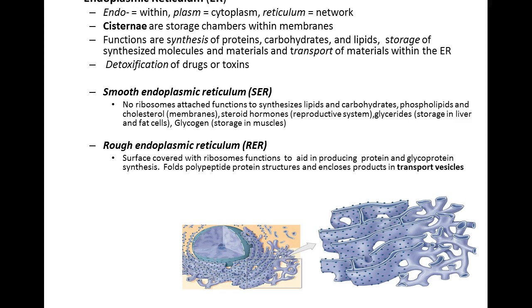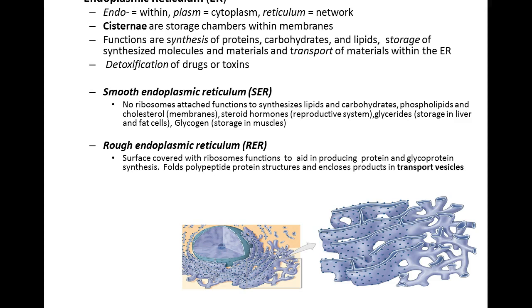One of the big functions of the smooth endoplasmic reticulum is to create the fixture for the plasma membrane, and also membranes of other parts of the cell or organelles. Also create steroidal hormones, glycerides, and glycogen.